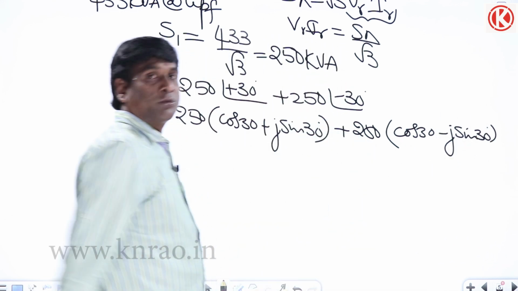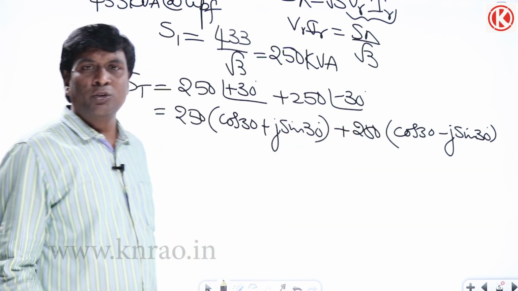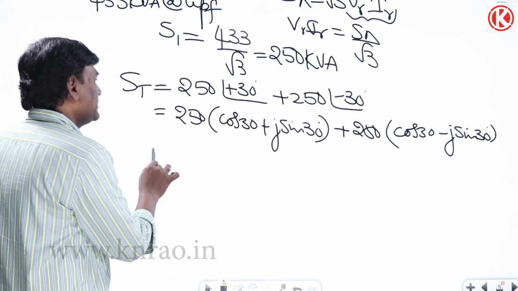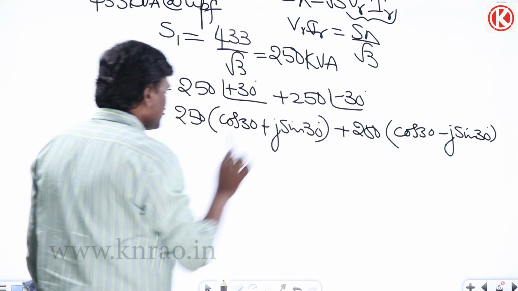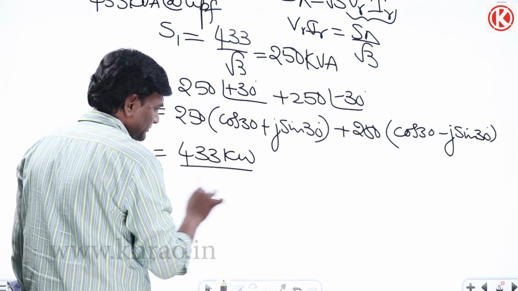This is going to be the output. So S total is going to be 250 cos 30 plus 250 cos 30, which is 433 kilowatt, because it is unity power factor. It's fine.